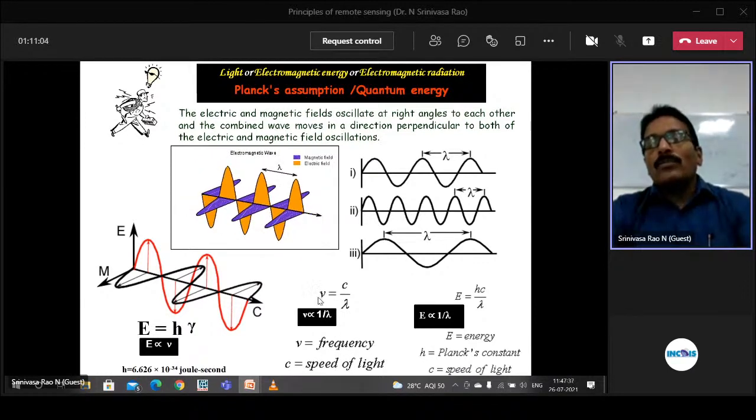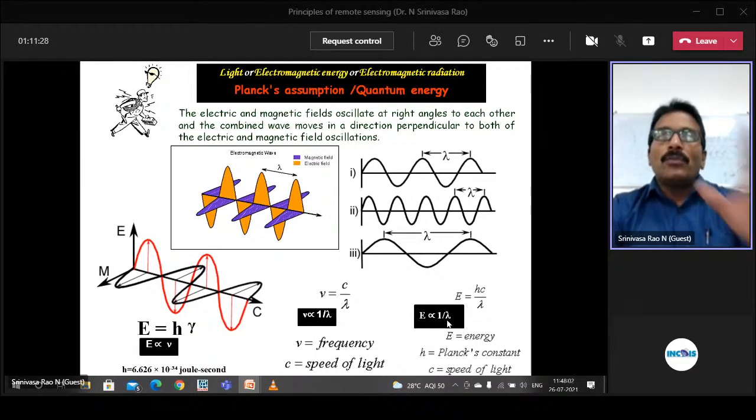Now in place of nu, if you substitute c by lambda in this equation, it turns to: E is inversely proportional to the wavelength. In place of nu, you keep hc by lambda. Both h and c are constants. That's why energy is inversely proportional to the wavelength.